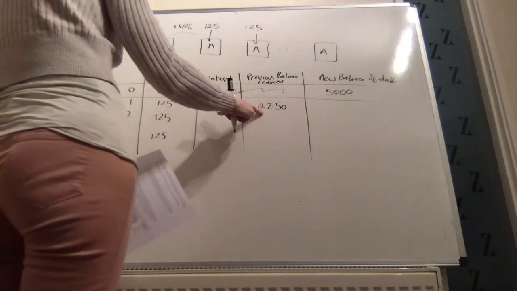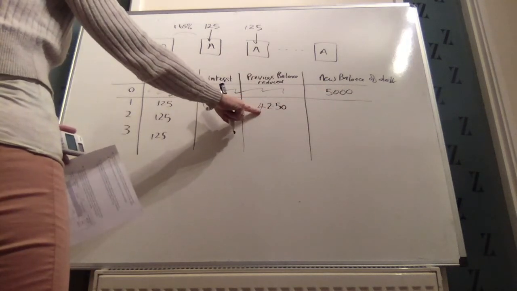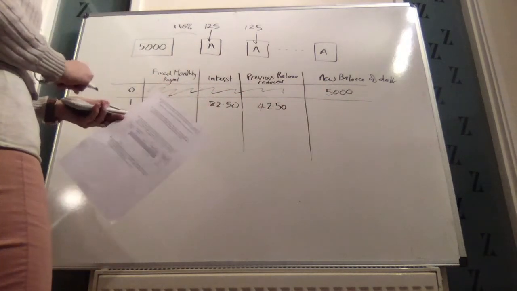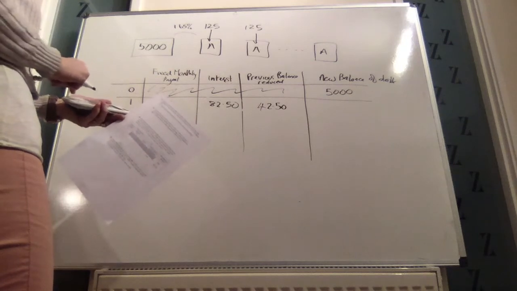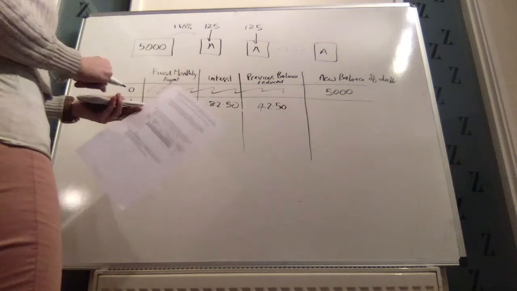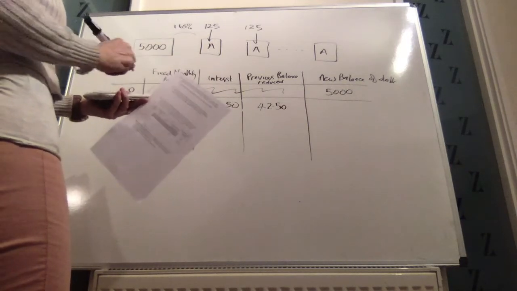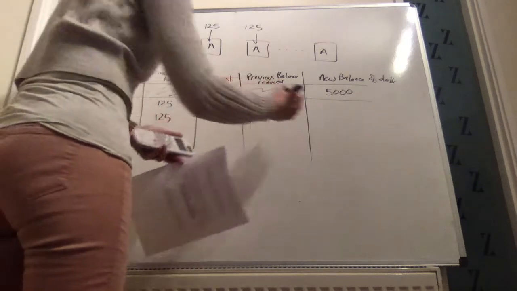That means his previous balance of 5,000 is now reduced by 42.50. So 5,000 take away 42.50 leaves him now owing 4957.50.